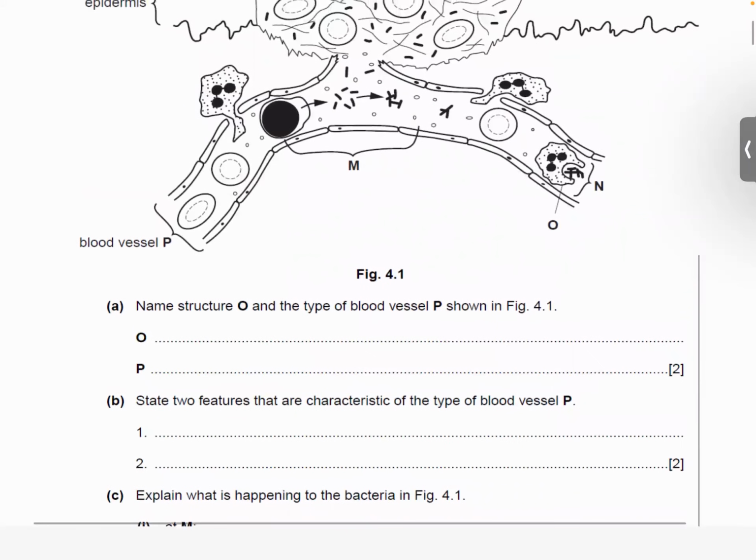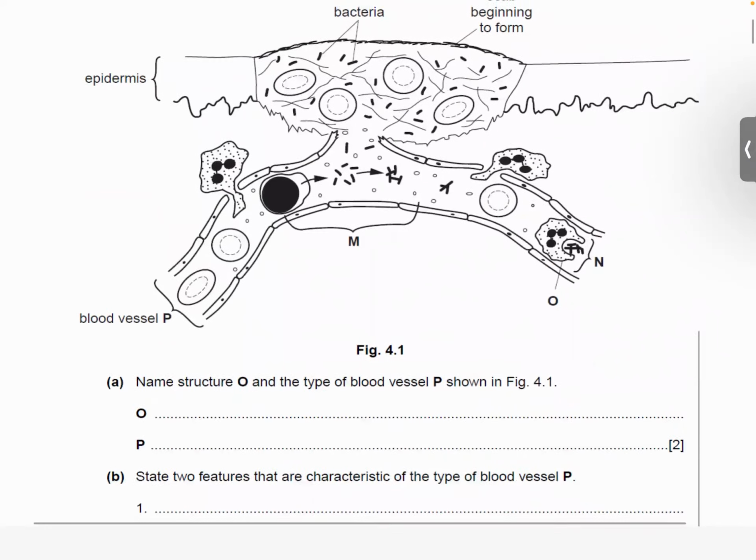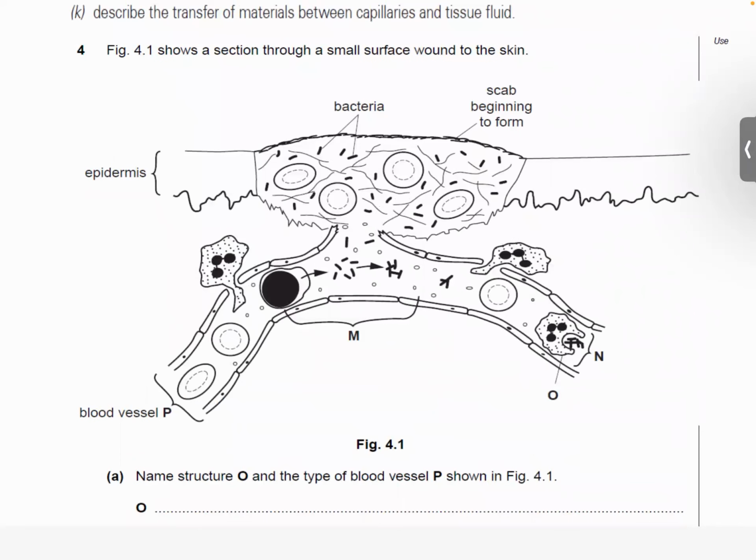State two features that are characteristic of the type of the blood vessel P. Now tell me, what are the two features? One feature I just told you, so repeat that feature. Miss, the capillary is wide enough for cells to pass in a single line, and we can also say that the endothelium is partially permeable because it lets certain substances diffuse through the capillary walls.